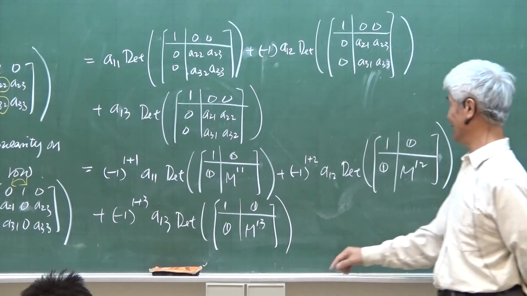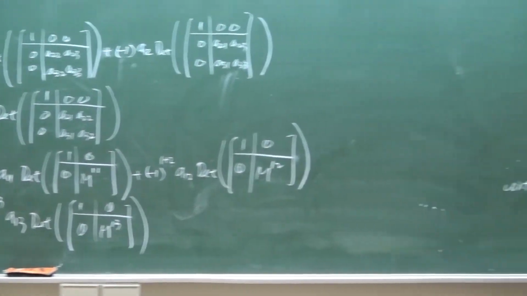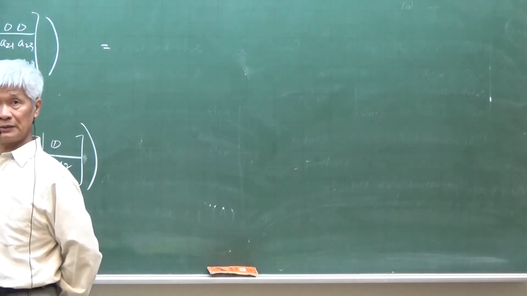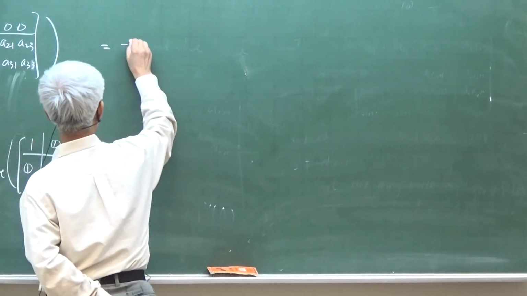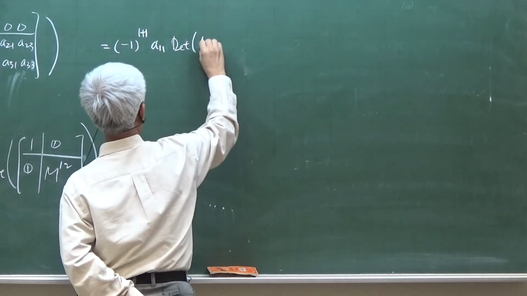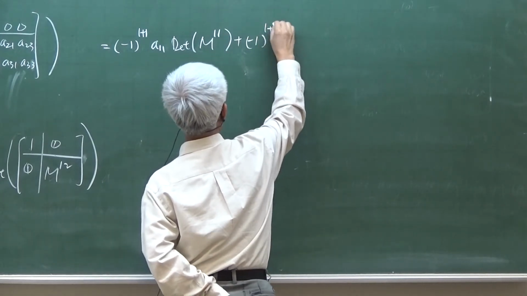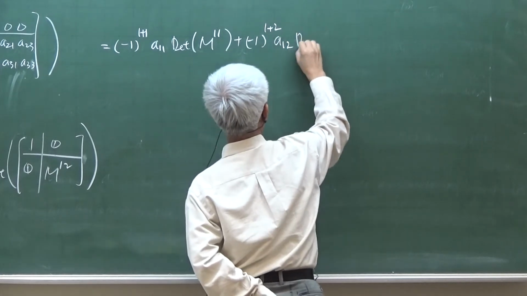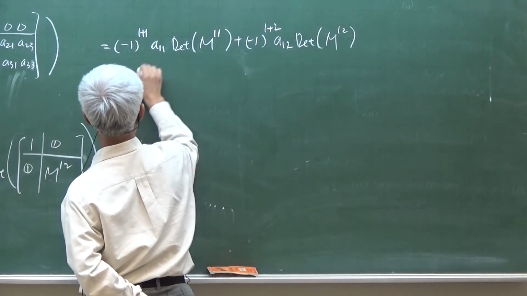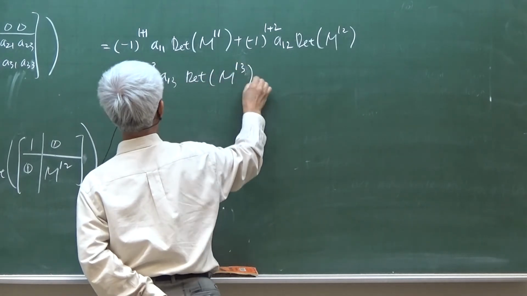Now we can apply our lemma, so that the determinant of this 3 by 3 matrix becomes minus 1 to the 1 plus 1, A11, determinant of M11, plus minus 1 to the 1 plus 2, A12, determinant of the 1, 2 minor, plus minus 1 to the 1 plus 3, A13, determinant of the 1, 3 minor.